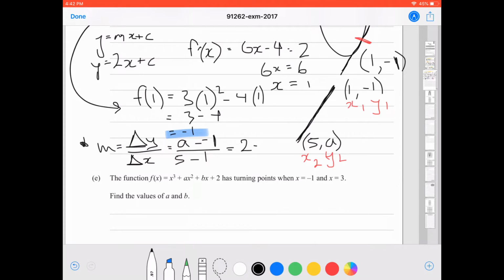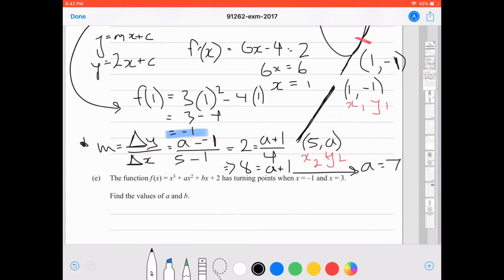Let's say this, 2 equals a plus 1 over 4, right? And so 8 equals a plus 1. We've taken our 4 to the left-hand side, and solving for a, we've got a equals 8 minus 1, so a equals 7 here.